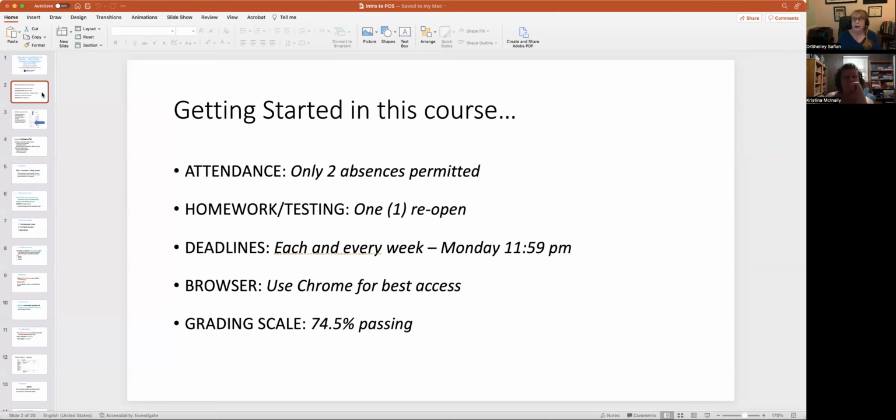Your deadlines each and every week: each week's work is due by the end of Monday of that week, 11:59. So it's like the week before, ending on Monday instead of Sunday night. I don't know why it doesn't end on Sunday night, but it doesn't. It gives you until Monday. This does not mean you have to wait until Monday at 11:59 to do your assignments.